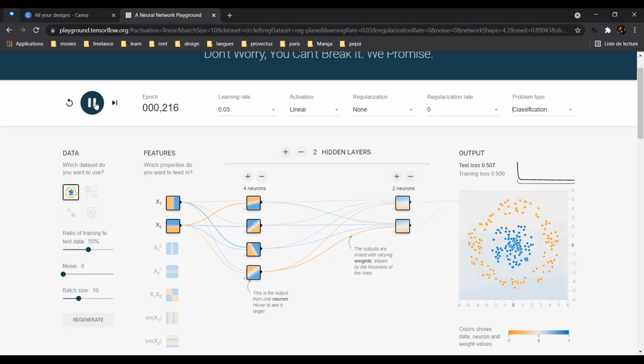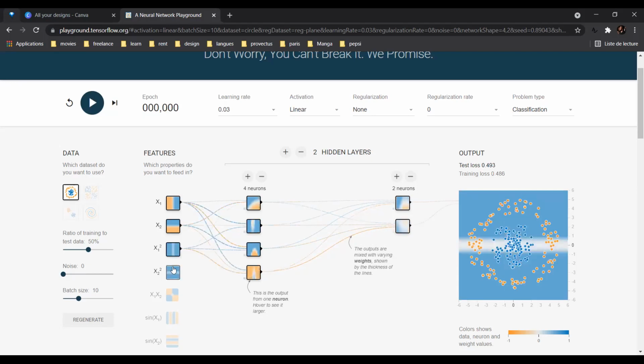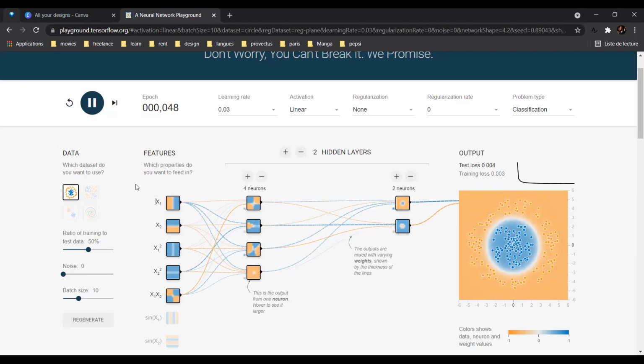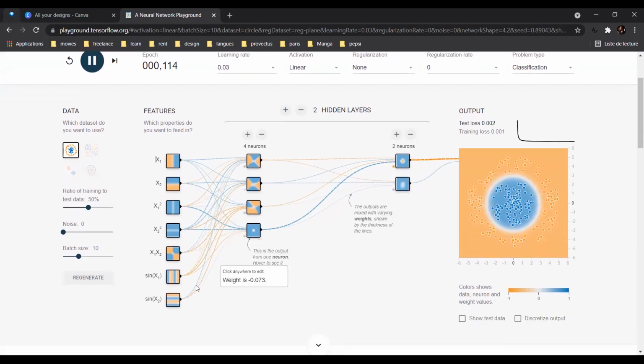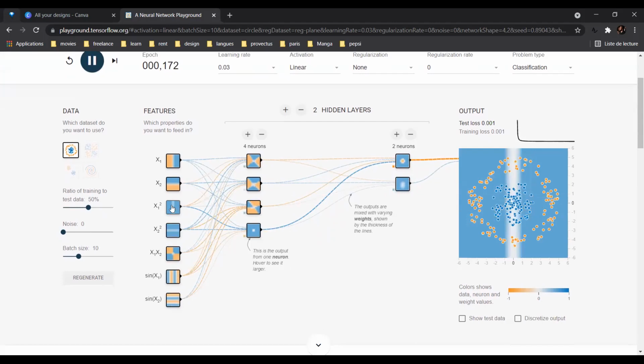So there you can see it did not learn, right? It's not learning anything that is useful because it's unable to learn anything useful. Now let's try to add some nonlinear features. It was able to work with it, right? So these are nonlinear pre-processing techniques that we have added.